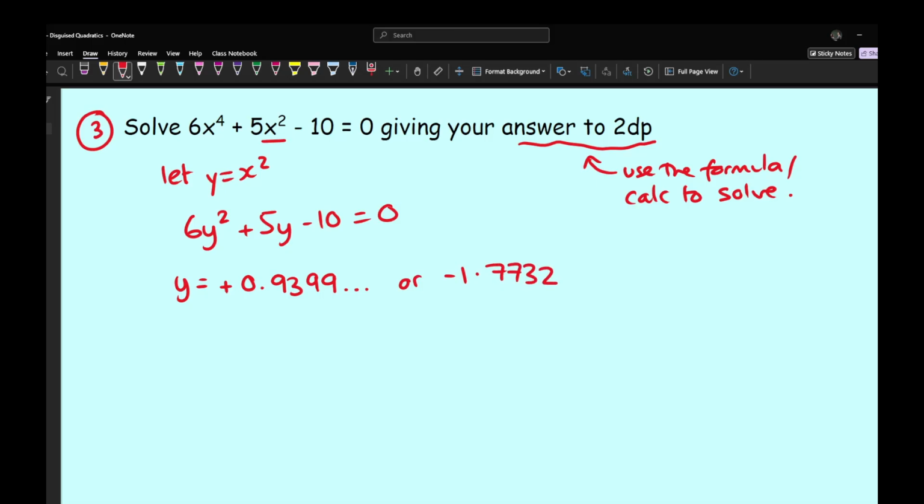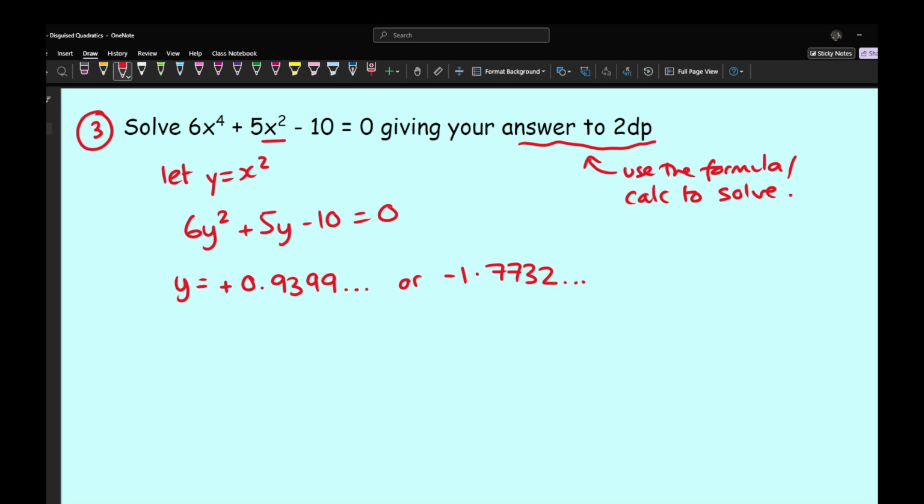Now when they mention anything to do with rounding, that's what you want to round your final answer to. So if you end up in your working out getting some decimal numbers, then always go that little bit extra, just so that you're not losing any silly marks with regards to accuracy.